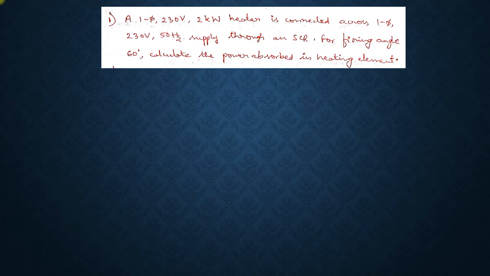So we can easily calculate the power absorbed in the heating element. How to calculate it? What we have learnt in electrical circuit analysis or network analysis is that the power absorbed by the resistor is I square R or V square by R. Here the resistor is the output, so it is V naught square by R, where V naught should be an RMS value, squared and divided by resistance.